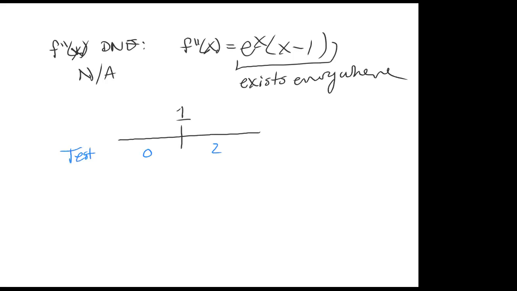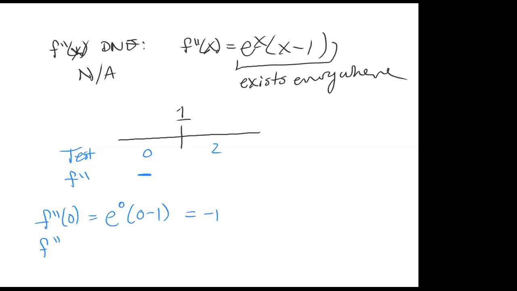So f prime prime of 0 is equal to e to the 0 times 0 minus 1, which is equal to negative 1. So the second derivative, f prime prime, is negative here.